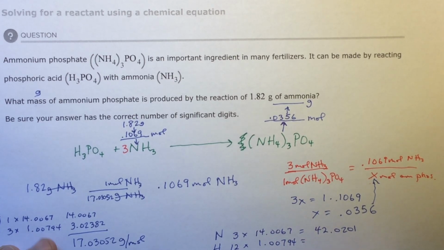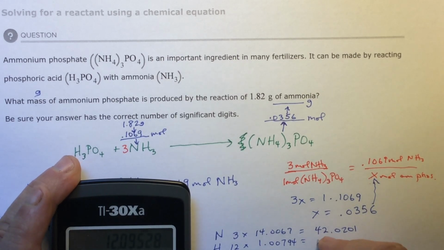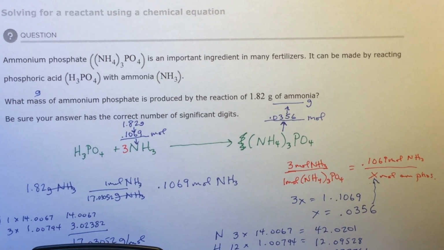Okay, this is from the periodic table. 1.00794 times 12 is 12.09528. I need 1 phosphorus. Phosphorus is 30.973761. And I need 4 oxygens.